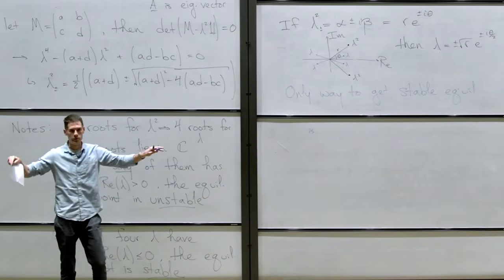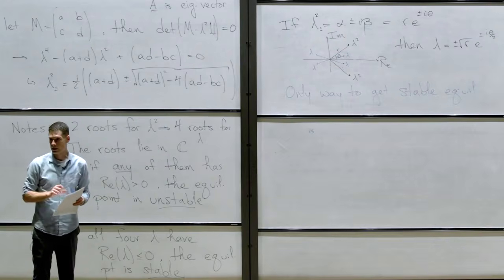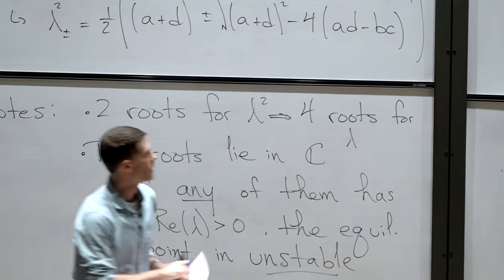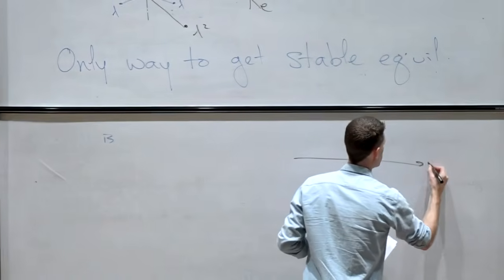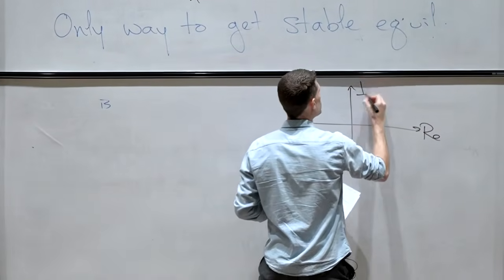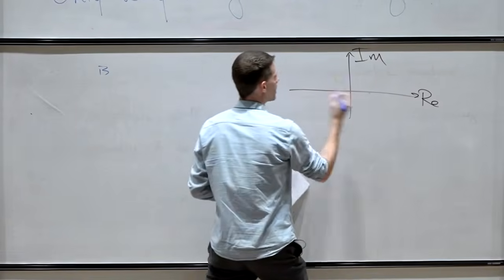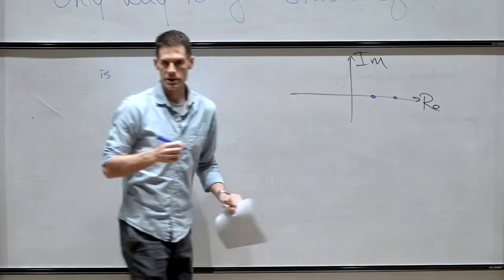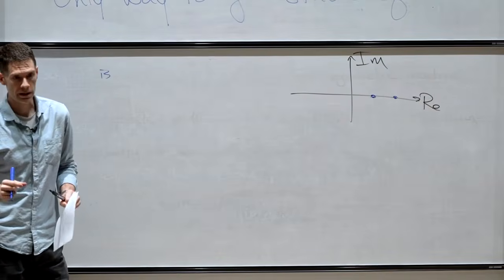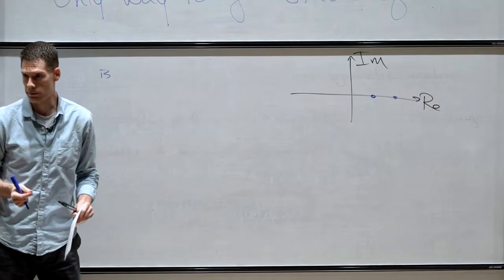If I take the square root of something lying on the real axis, it depends on whether the real thing was positive or negative. If my lambda squared is, say, real and positive, then of course when I take a square root I'm keeping something that's real and positive. That's bad.